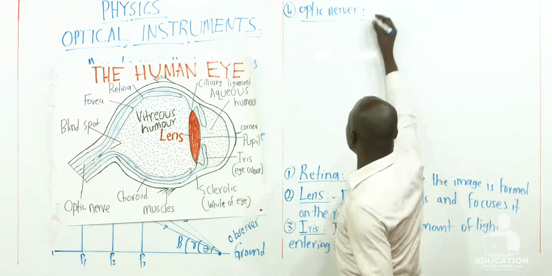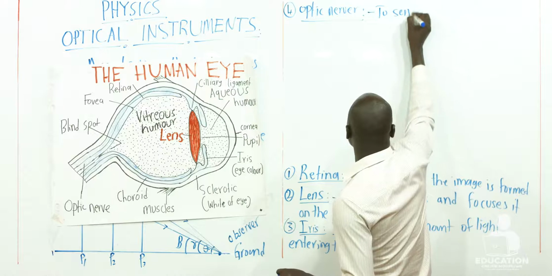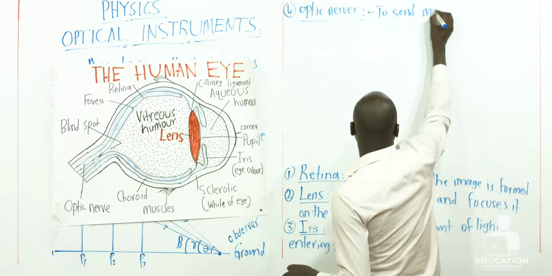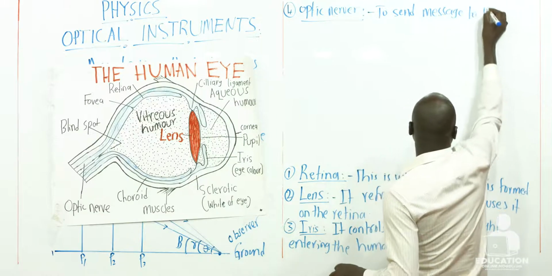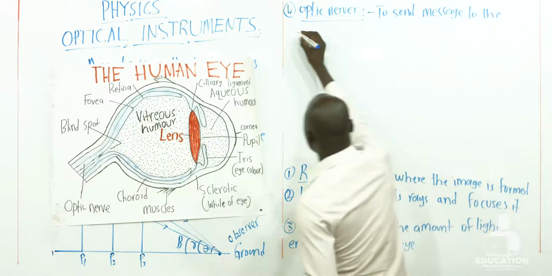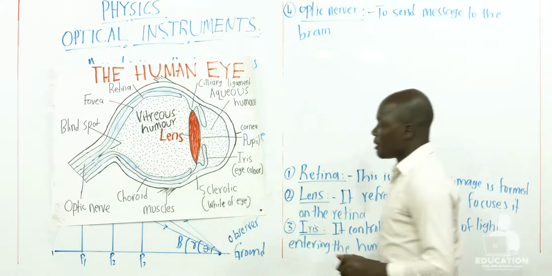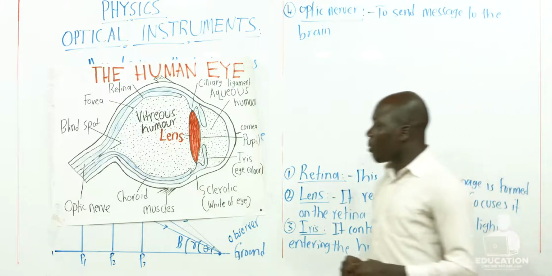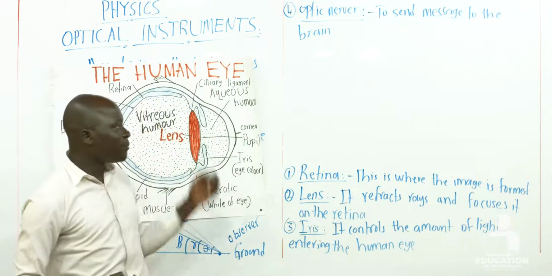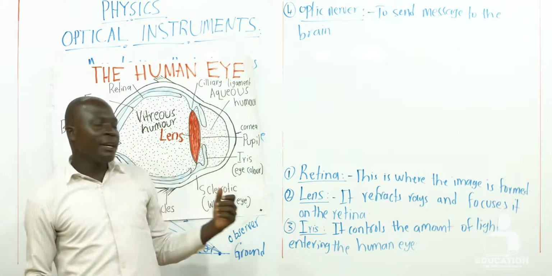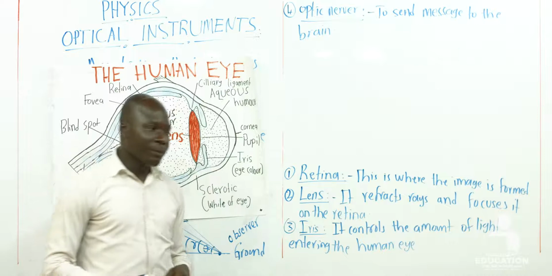The function of the optic nerve is to send a message to the brain. And what is this message that is being sent by the optic nerve to the brain? The message is the image. The image that has been formed on the retina is the image that the optic nerve sends to the brain.